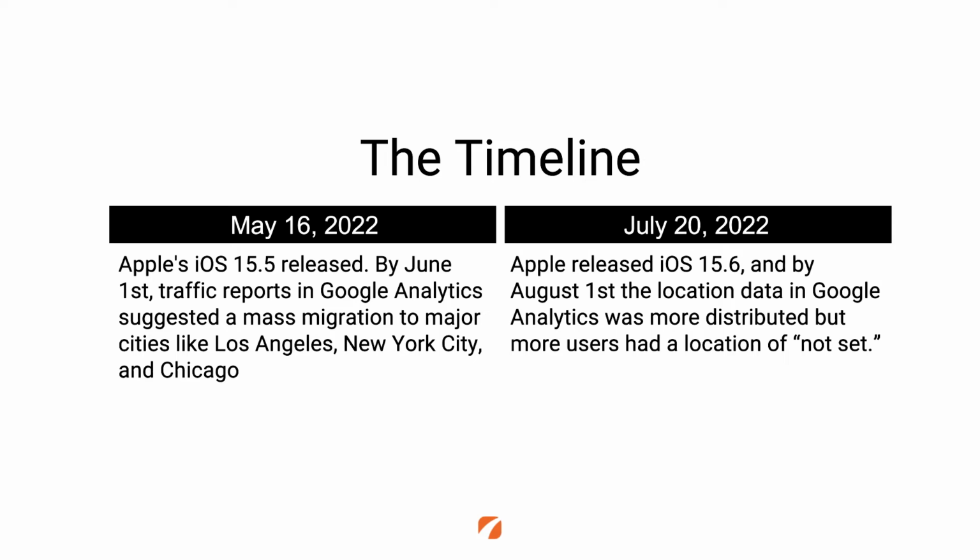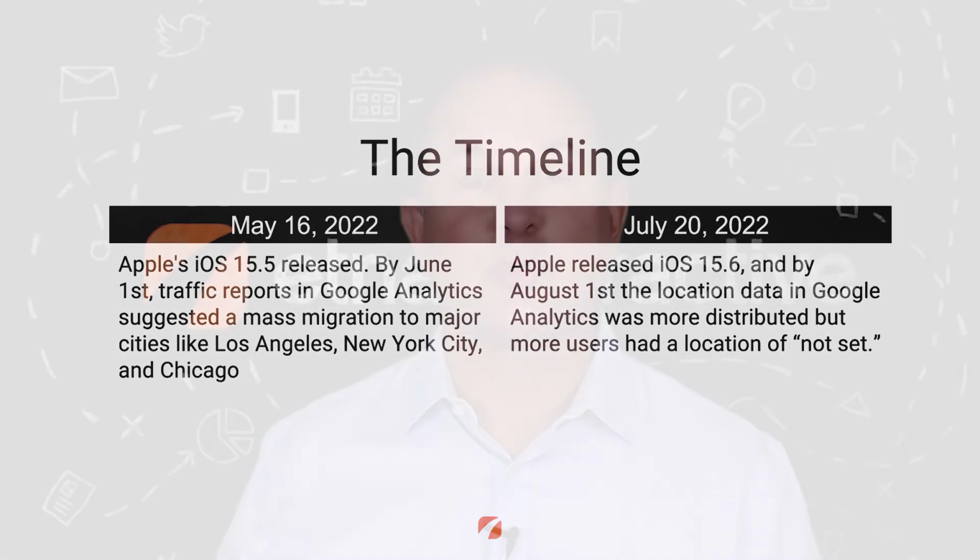And then a big increase in the number of users who were not set. What it looks like from the outside world looking in is that Apple is struggling to map users to nearby or close proxy IP addresses. And right now, based on the data available, it looks like it's never going to be reliable to use location reporting in Google Analytics.